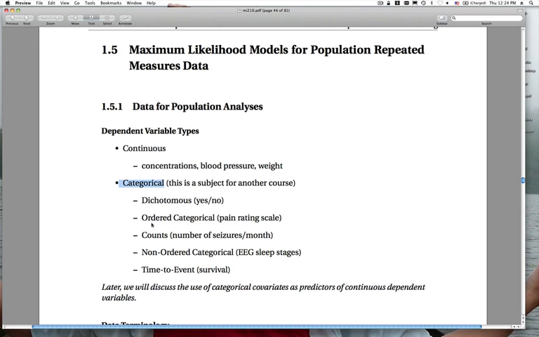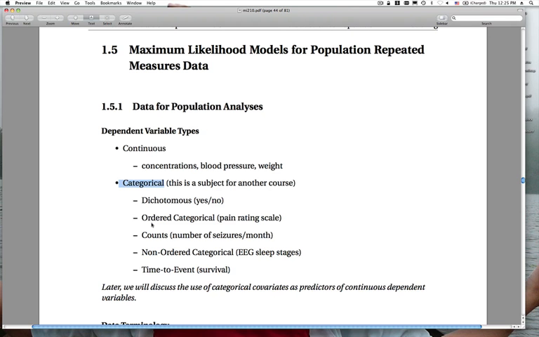These are separate and distinct categories that are represented as the dependent variable, but they're not necessarily ranked in a particular order. An example of that would be categories of the EEG sleep stages. And we can model transitions from one category to another using probabilistic type models.